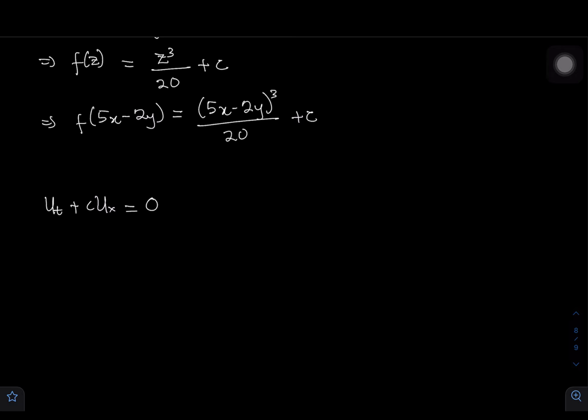And looking at this, you can easily see that the solution is just going to be a function of x minus ct, right? Think about it and let it settle that u of x, t is actually going to be f of x minus ct.